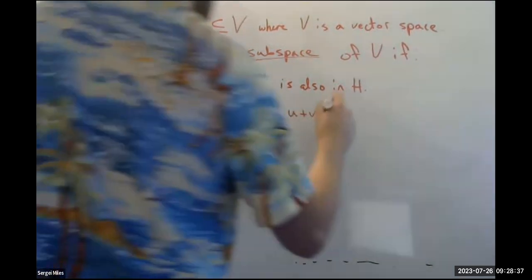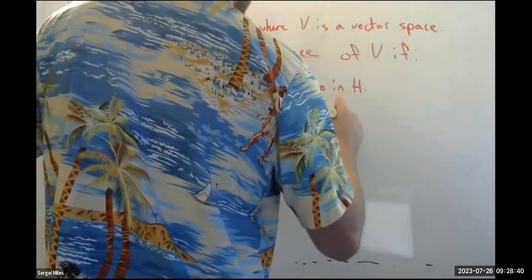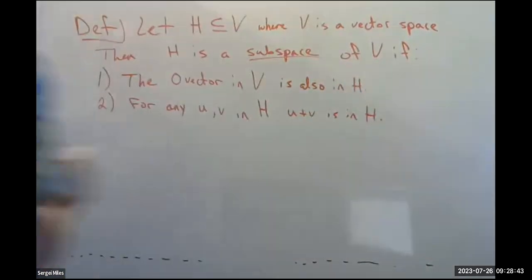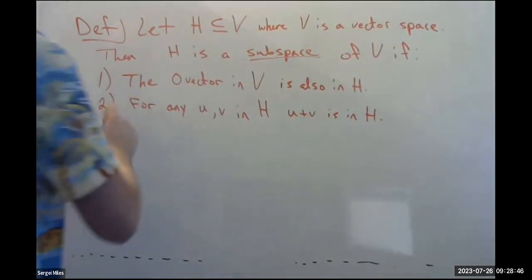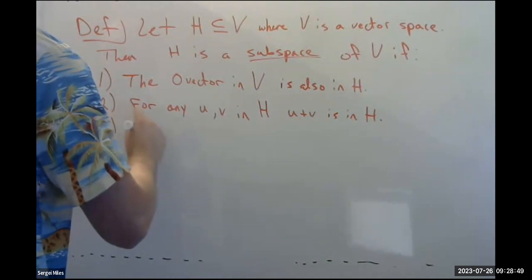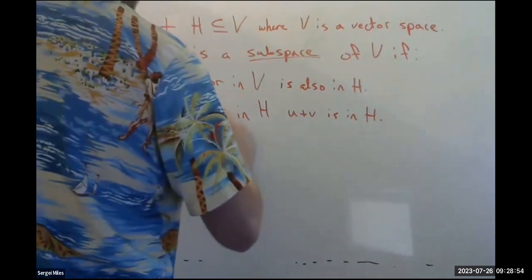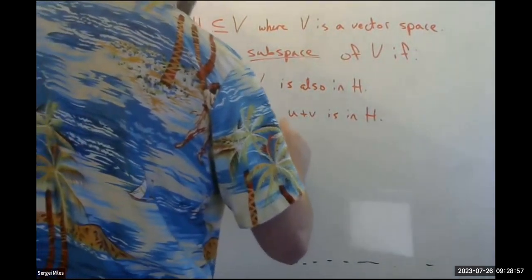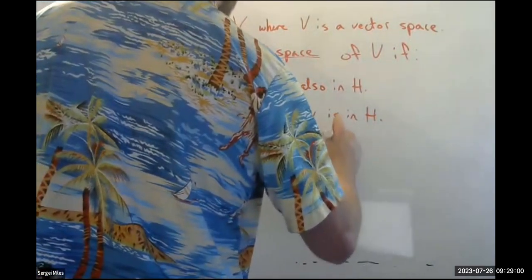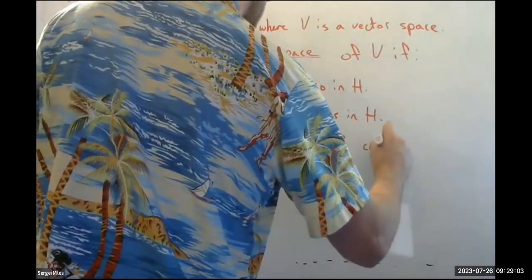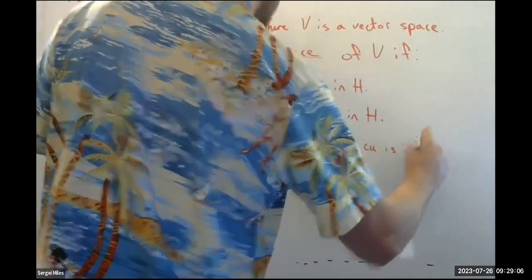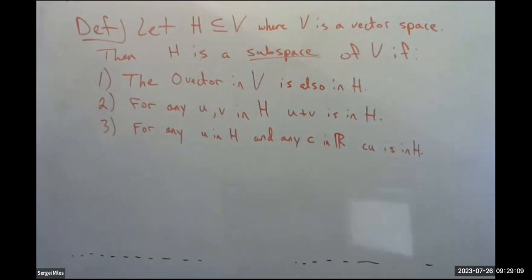So when we add two vectors, the result also has to still be in H. And then lastly, number three, for any u in H and any constant c in R, c times u is in H. Again, we don't want any way to multiply my vector by something and get something outside of the set. If that happens, it's not a subspace.